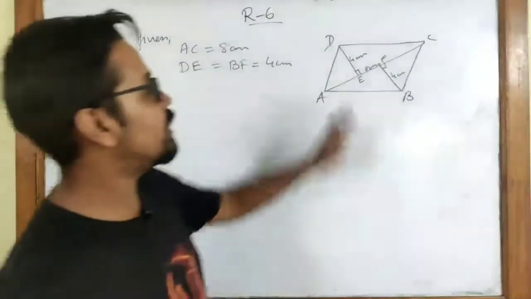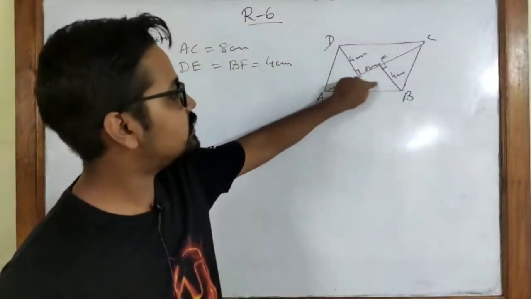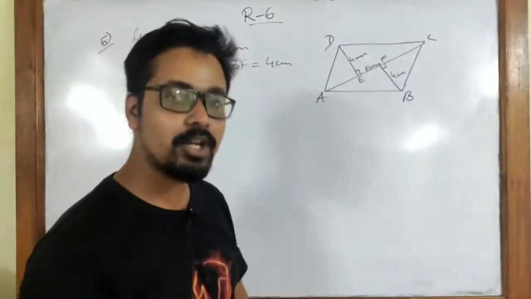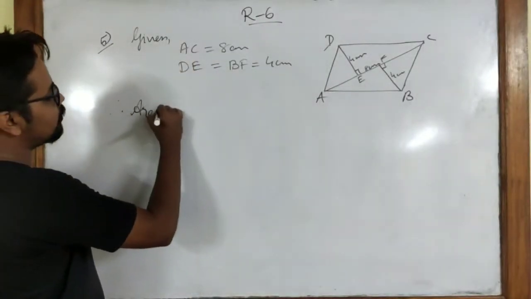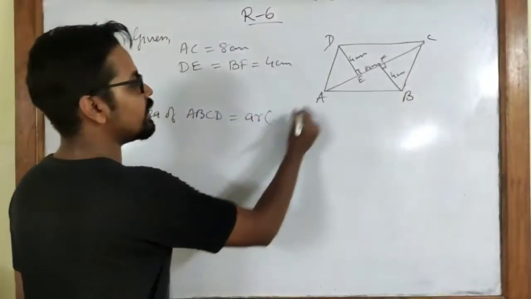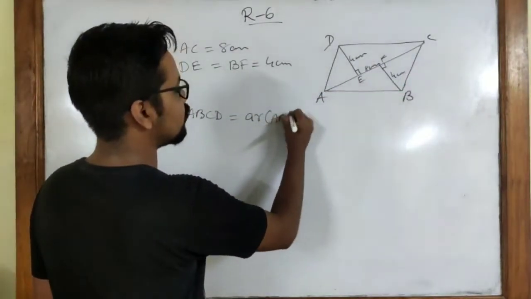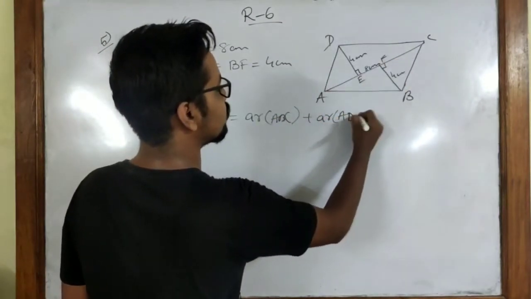Now we need to find the area of the whole parallelogram. How to find it? Find the area of this triangle and this triangle, add it up and you will get the area of the whole parallelogram. So therefore area of ABCD, the whole parallelogram, is equal to area of ABC plus the area of ADC, right?